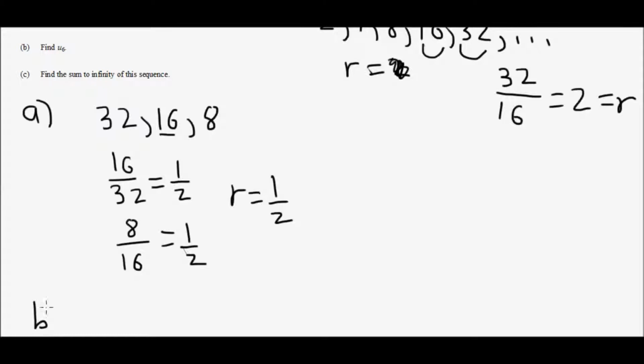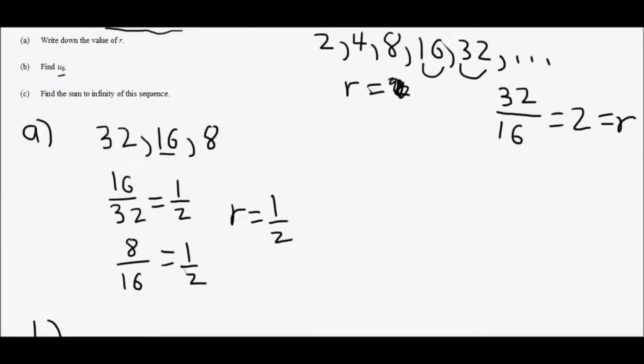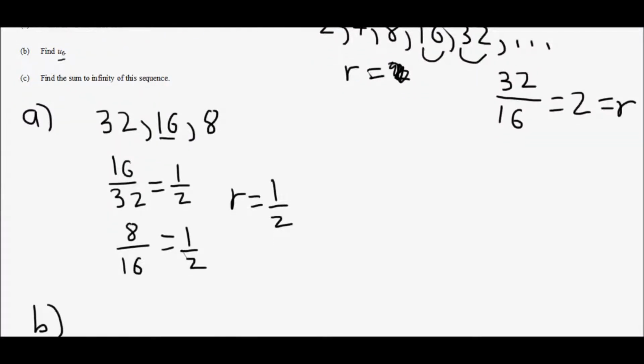Now let's find out what b is. So b, what is it asking us? Well, it's asking us what's the sixth term, which is also known as u of 6, in this sequence that we are given. So for this, we will use a formula to make it more efficient and to find it faster.